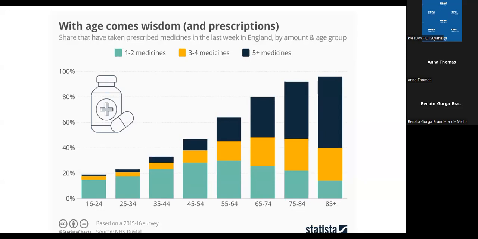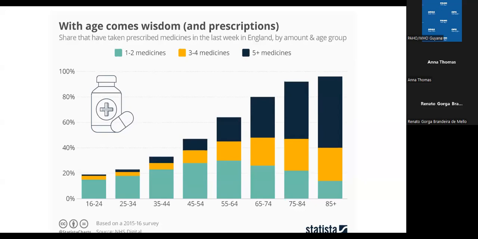So we always have to keep this in mind. We have a situation where medications are needed, are required. This is not a simple matter of number of medications.